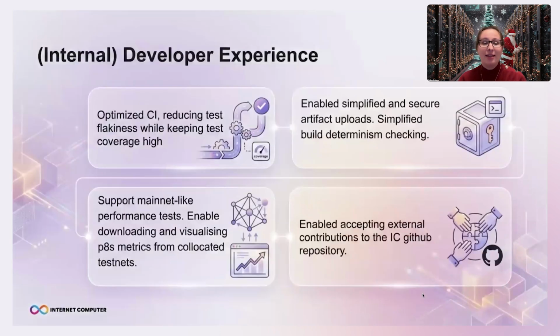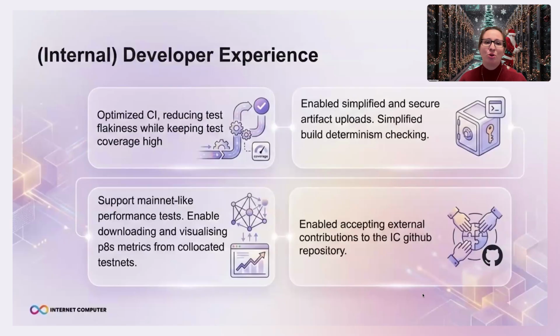Next slide. The same goes for developer experience, not only internal, as we'll see later on the slide. If the CI is fast and coverage is good, I think that's already a big achievement. Another thing I wanted to highlight is that the team also provided good insights and support for mainnet-like performance tests, which help different protocol teams understand new changes and test them thoroughly.